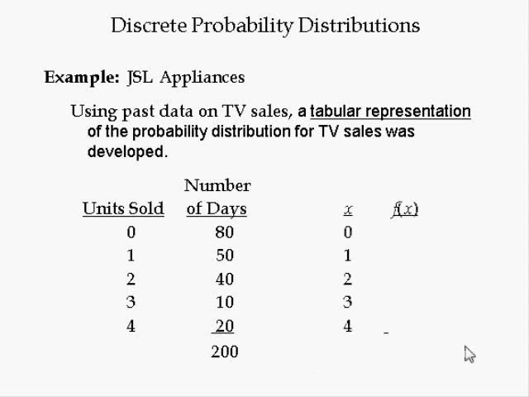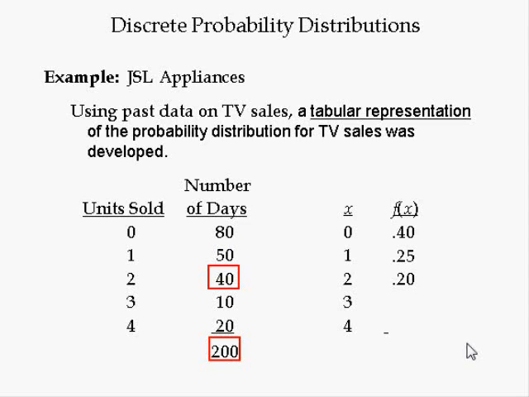If we define the number of TVs sold as a random variable, denoted by letter x, then f of 0, or the probability the store sells 0 TVs, is 80 divided by 200, which equals 0.4. F of 1, or the probability the store sells 1 television, is 50 divided by 200, which equals 0.25.